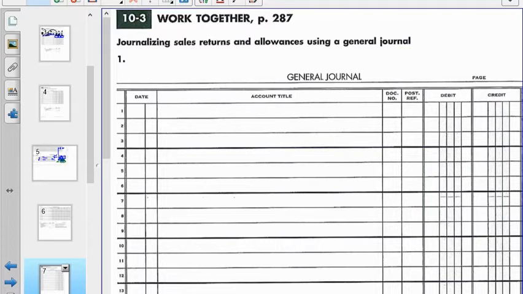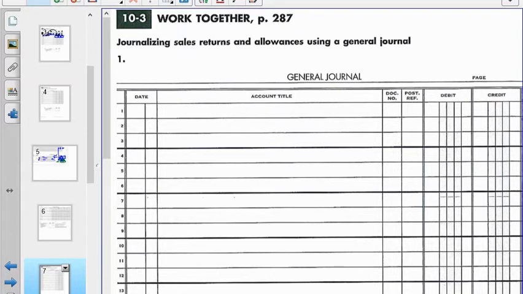When we talked about chapter 9 being our purchase journal, okay, that meant it was a debit to purchases and a credit to accounts payable. When we sent stuff back, it was a debit memo because it was a debit to accounts payable, meaning a return, right, or the opposite. Well, now we're going to deal with what's called a credit memo.